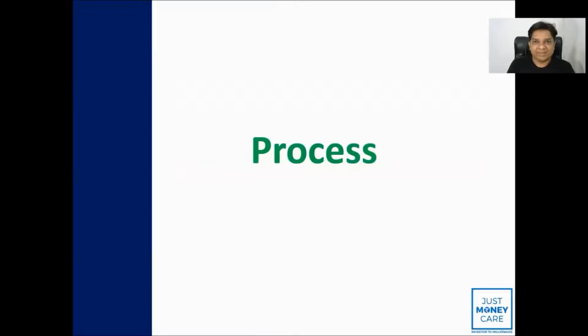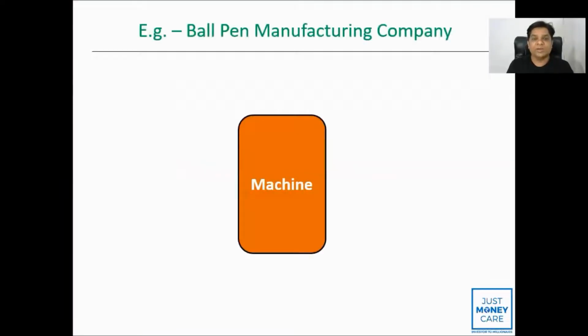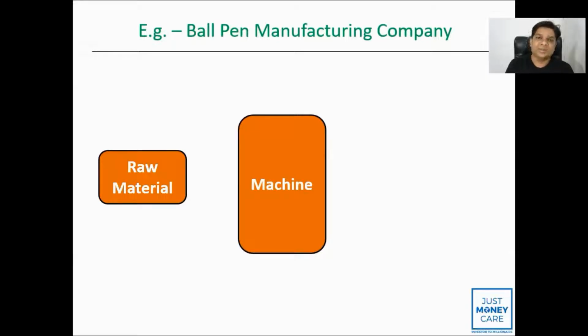I will explain with one example: a manufacturing company of ball pens produces ball pens every day, every month, every year. For that, they need raw material. For a ball pen, I think the raw material will be plastic, ink and some metal for the point.